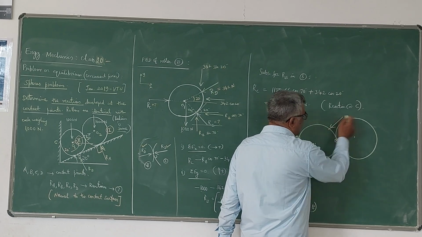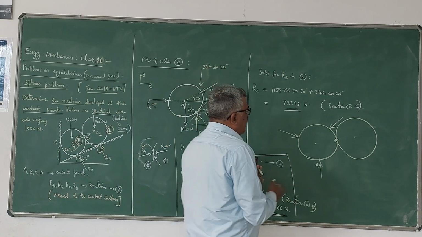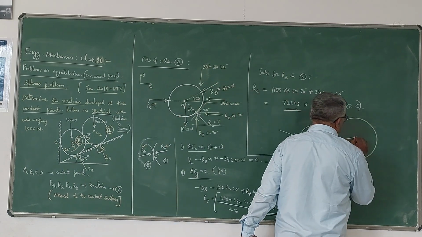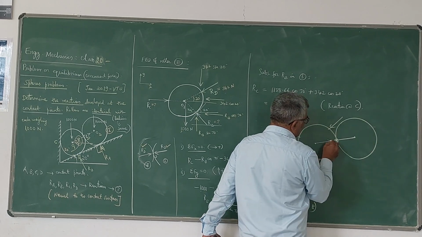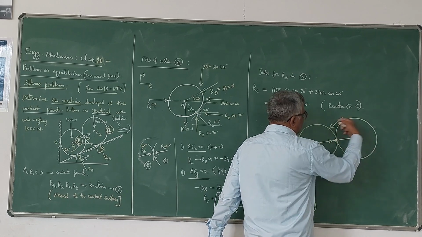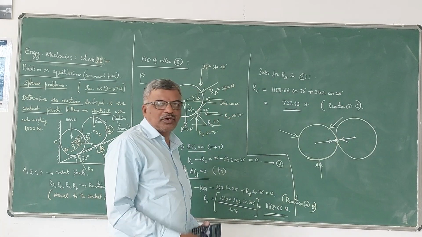In that case, just like your point D here, you will be having the reaction acting like this. It will be collinear like this. So for this sphere reaction will be like this. For this sphere reaction will be like this. So this is the common concept you should remember.